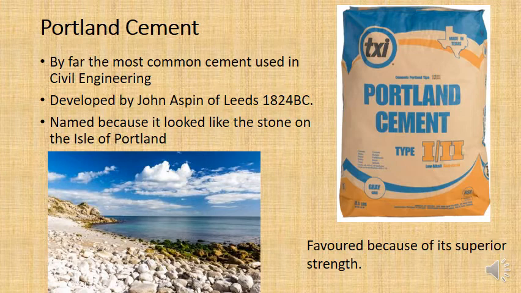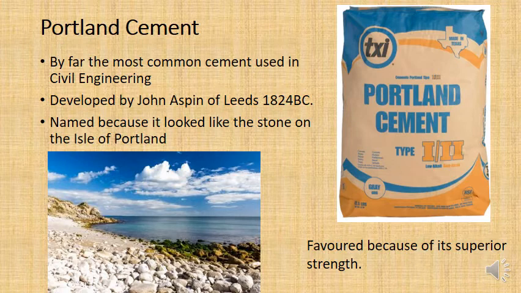Now, when John Aspdin invented Portland cement, he noticed that the colour was a light grey, and he said it's very like the stones that are on the beaches of the Isle of Portland. The Isle of Portland is a small headland in the south of England where lots of people go on holiday.